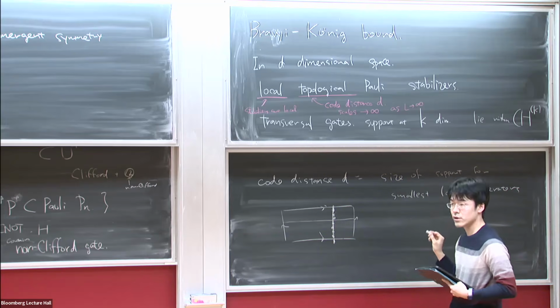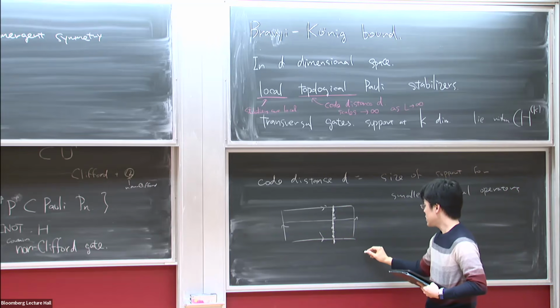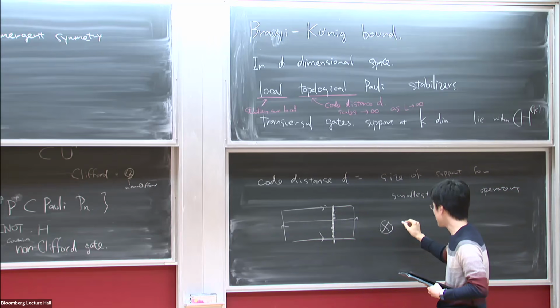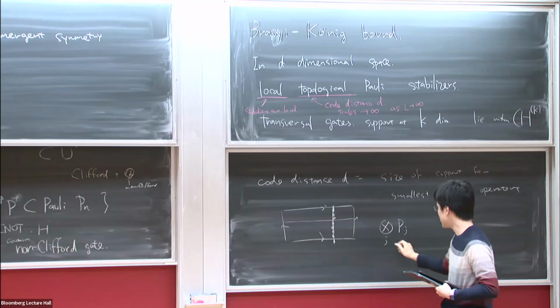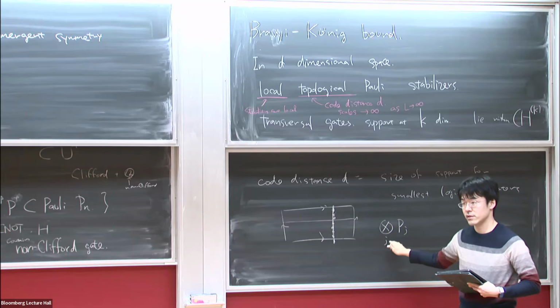So in the case of the Pauli transversal group, this is particularly simple. Any logical Pauli operator is a tensor product of some Pauli operators, and then you can just count the number of qubits contained in this expression.